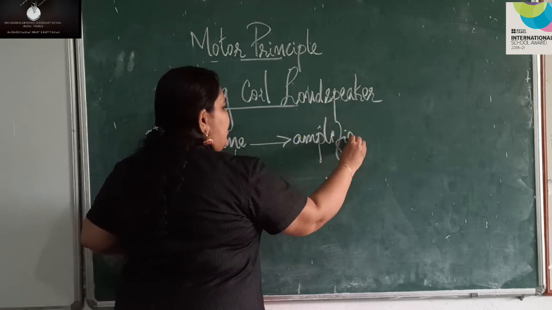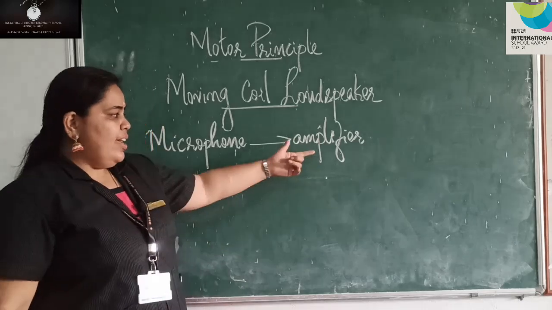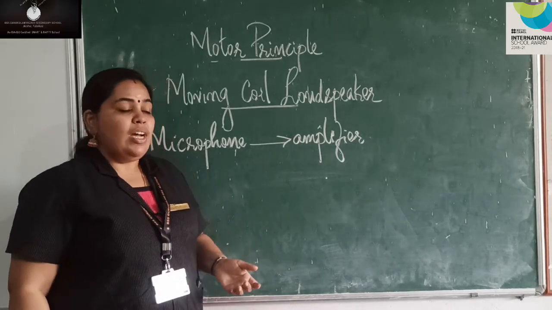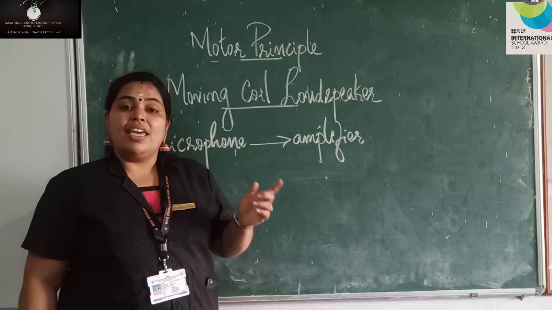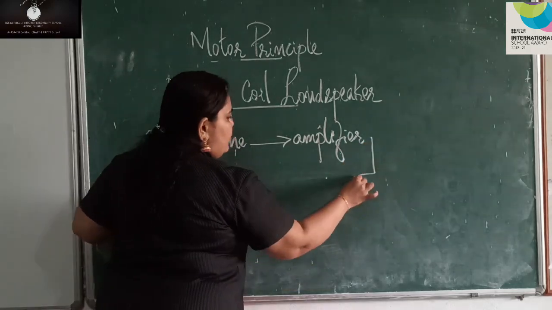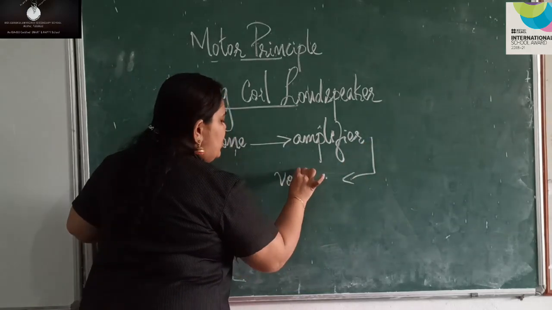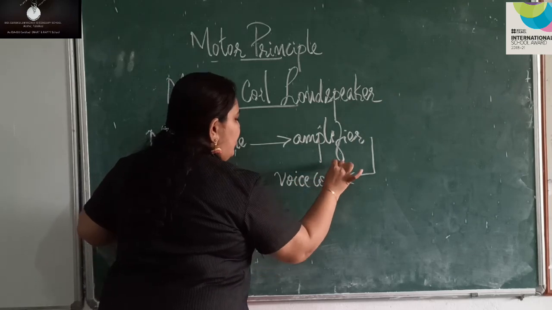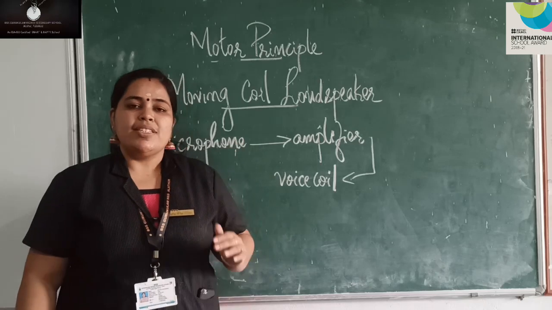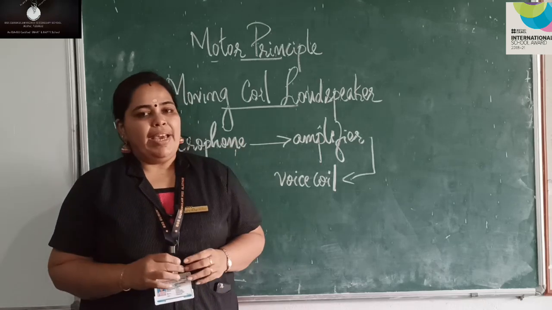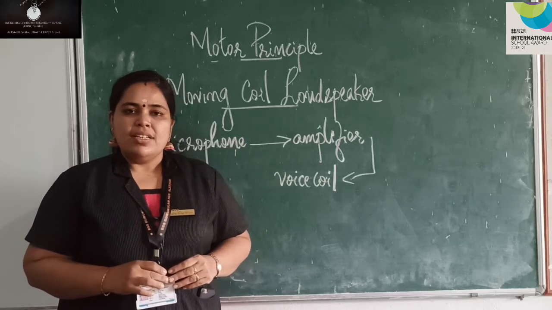Amplifier strengthens the sound, and what happens? This amplified sound reaches the voice coil. And where is this voice coil situated? The voice coil is situated in the magnetic field. Isn't it?